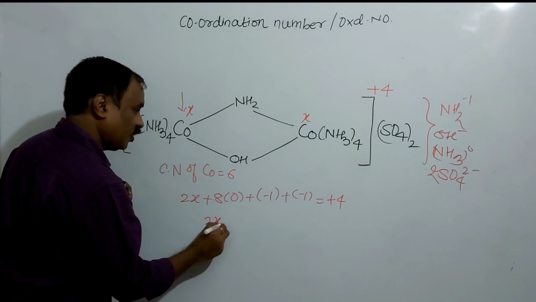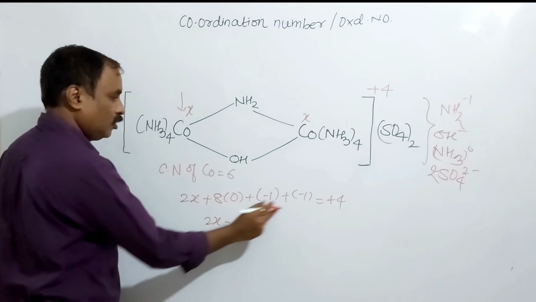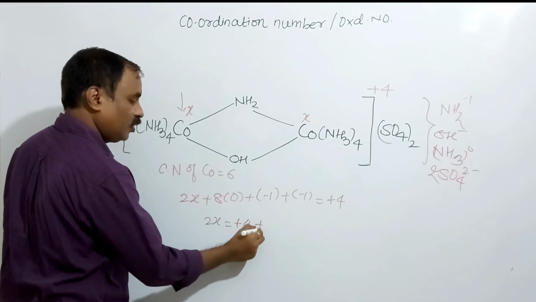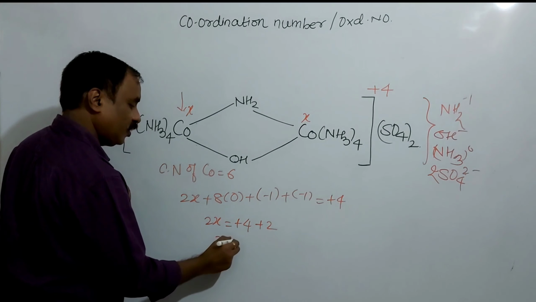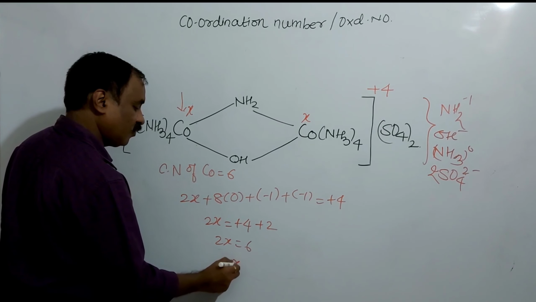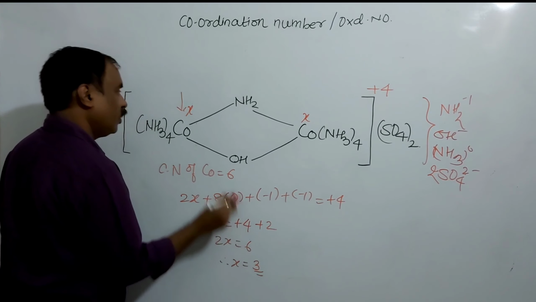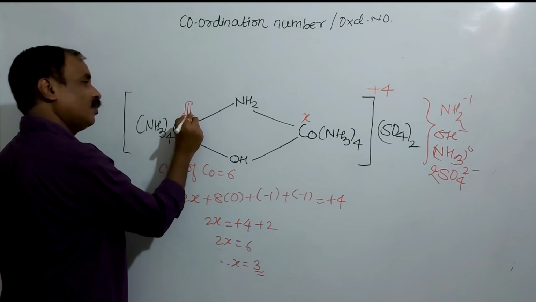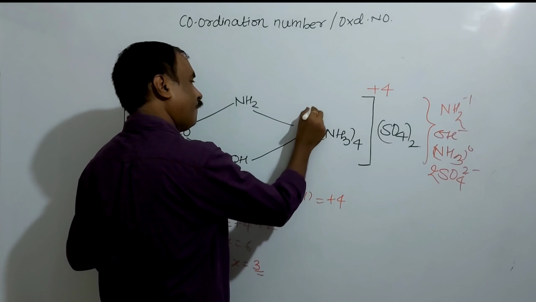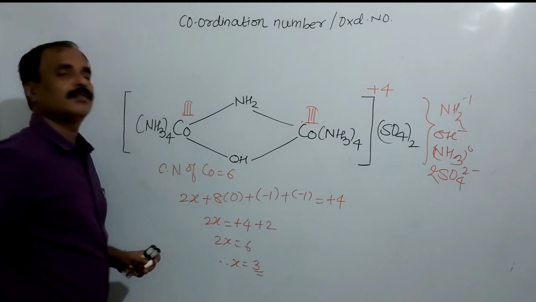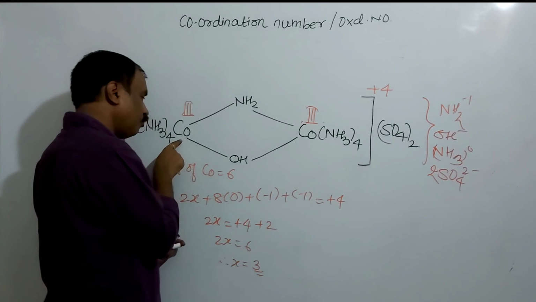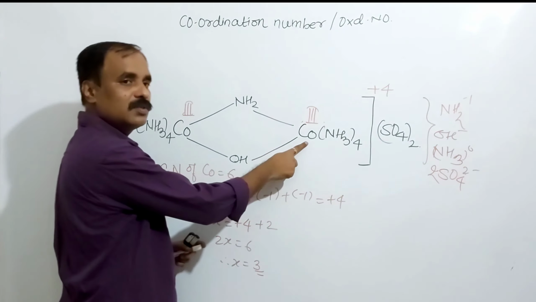Therefore 2X is equal to +4 plus 2, so 2X equals 6, that is, X is equal to 3. And the oxidation number of this cobalt is 3, here it is also 3. The oxidation number of cobalt is 3 and the coordination number of cobalt is 6, here also 6.